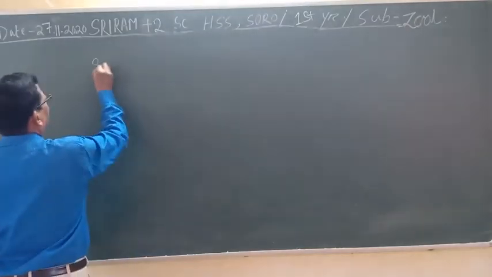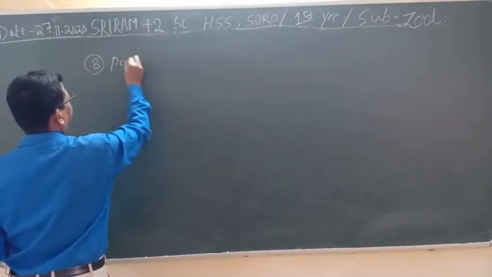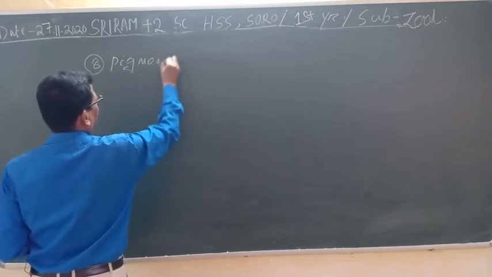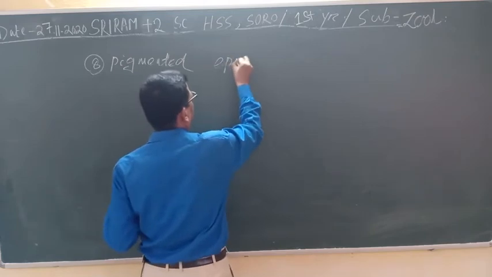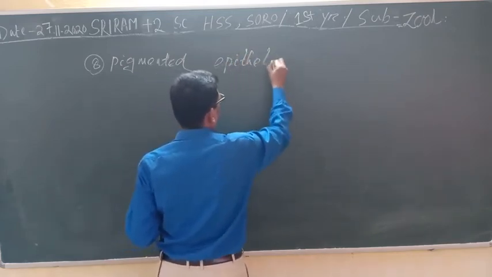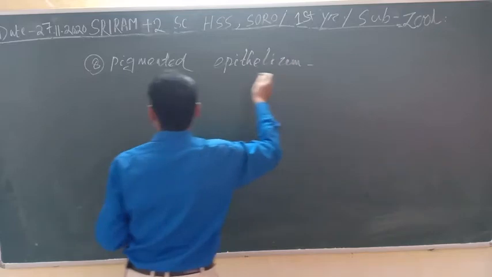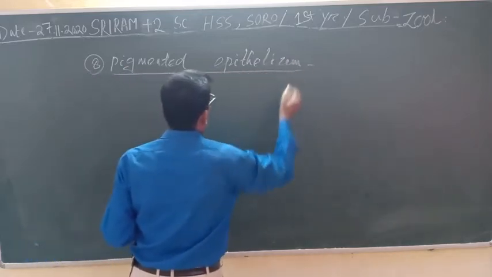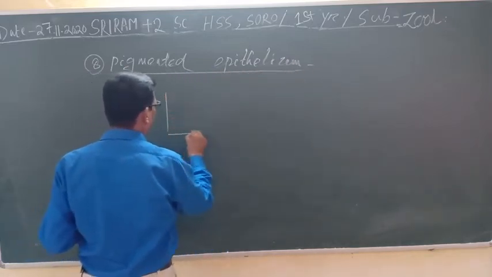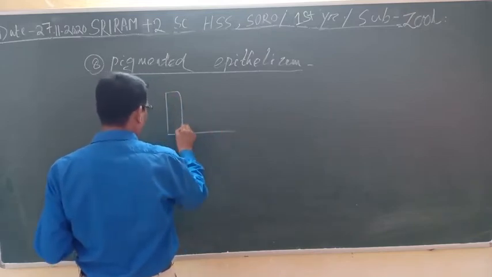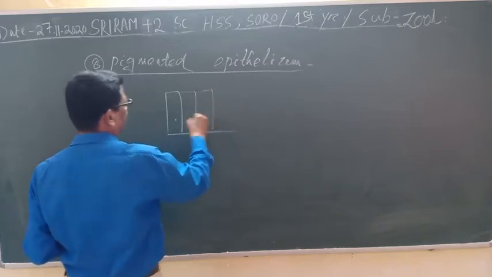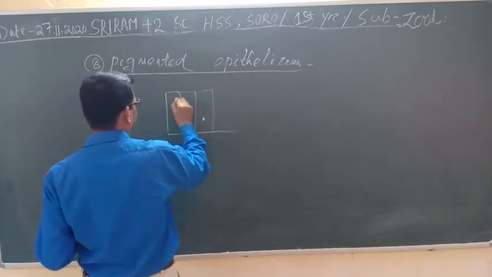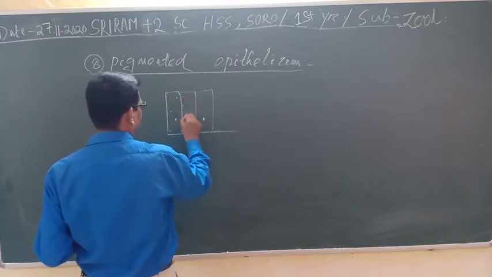Pigmented epithelia are nothing but the modified form of the columnar cells, where the cells contain a large number of pigments. Are you understanding what a pigment is?